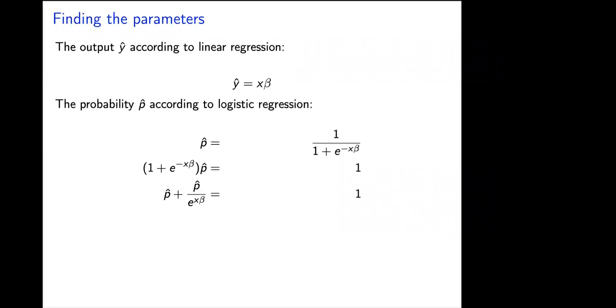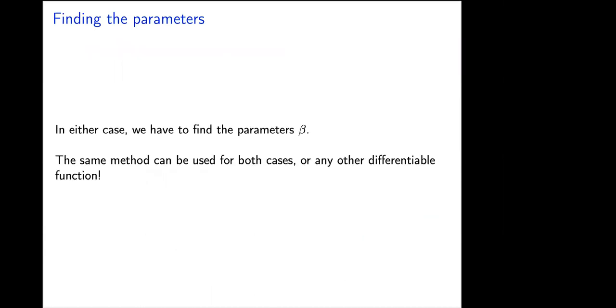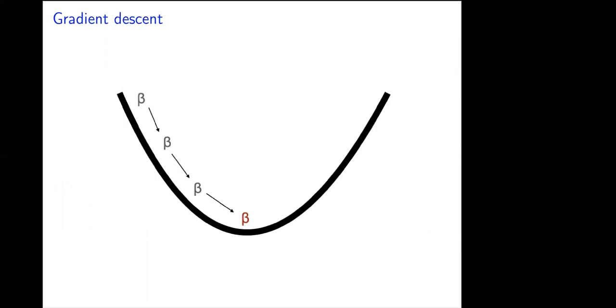There's a little bit of simple algebra that happens, and then you end up with something that looks like this. At which point, if you take the log of both sides, you end up with an expression that isn't that different, in terms of how you're going to be looking for it, from the linear regression, because X beta looks pretty similar. That means that you can follow a similar procedure for this, for any differentiable function, which is gradient descent.